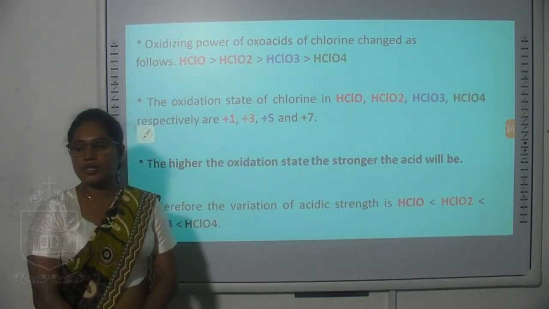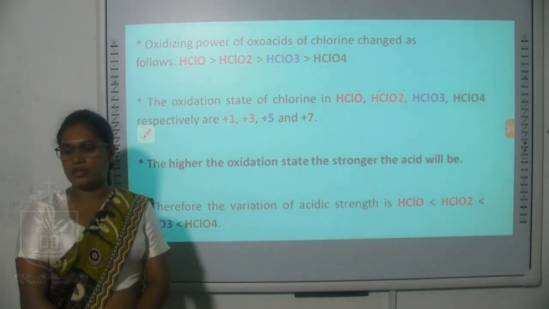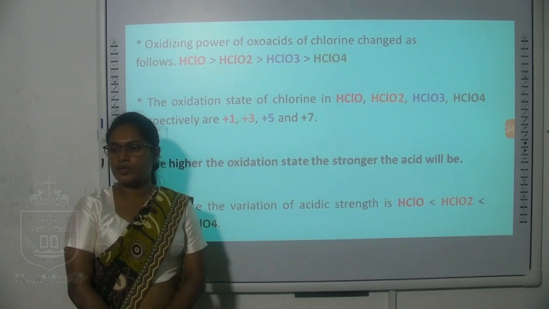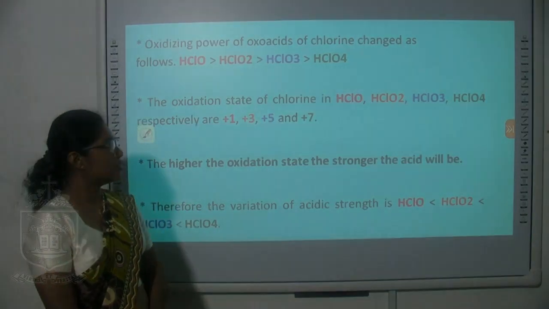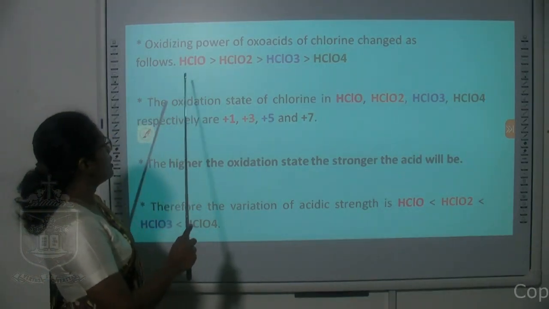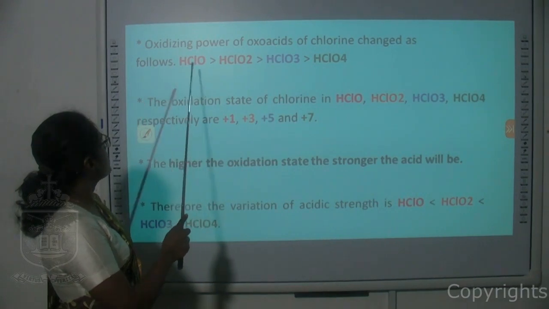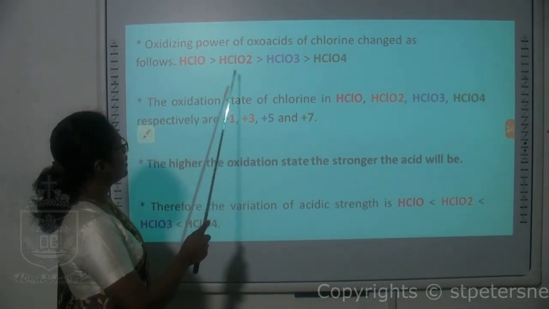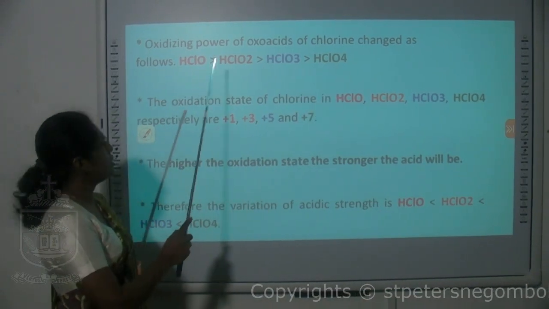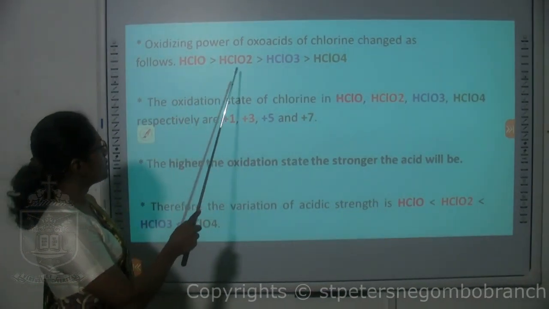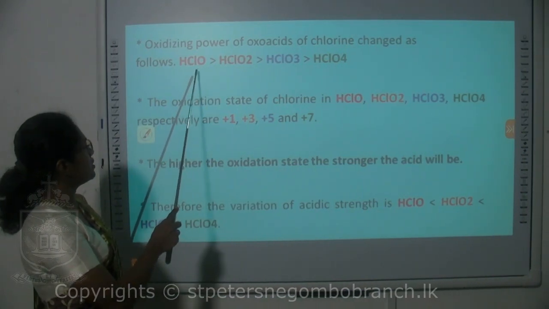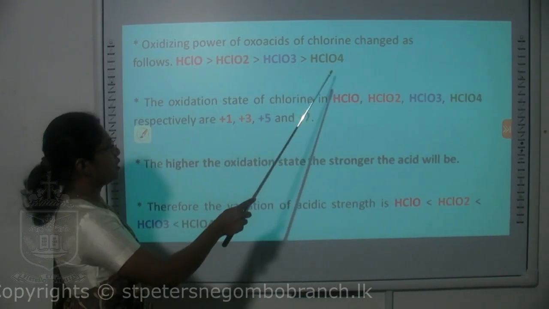If we consider how the oxidizing power of these oxo acids of chlorine changes, it is as follows. We can see here the oxidizing power decreases as the number of oxygen atoms increases: here only one oxygen atom, here 2, 3 and 4.